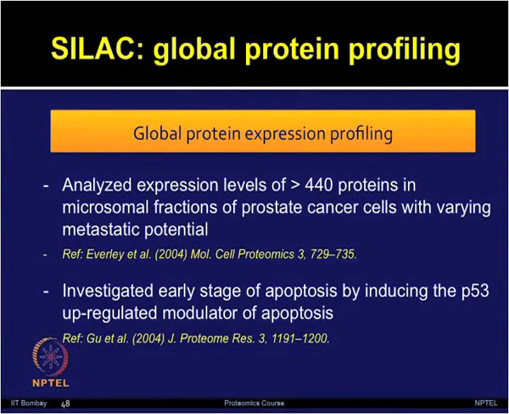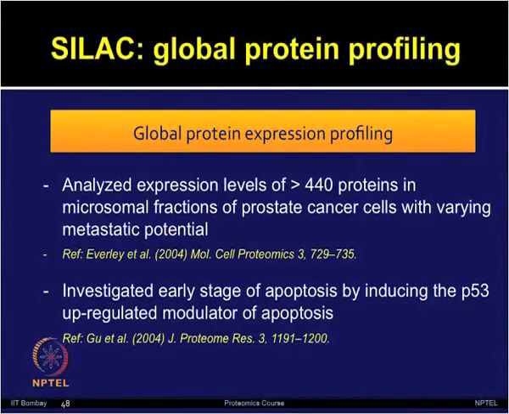There are numerous studies based on the global protein expression profiling using the SILAC method. I am just highlighting some of the very earlier studies which set up the path for performing these protein expression profiling.